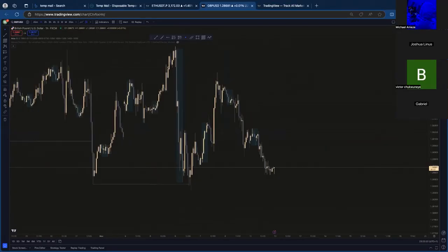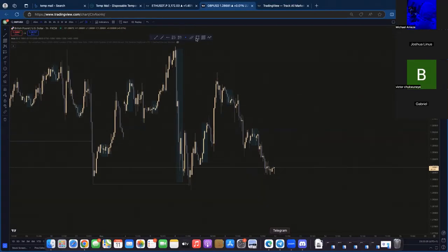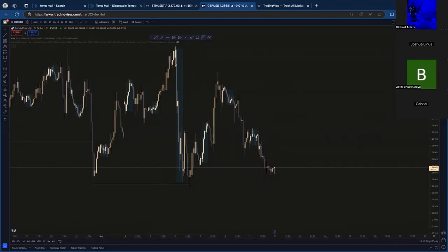Now I saw someone marking, this is actually possible because someone actually marked some sort of a QM here. Someone told me that here is sweep and here is break and price is bullish. The only time price was bullish for me was when I bought from this key level right here, because price hadn't gotten to premium.